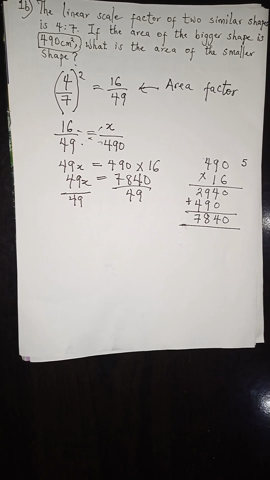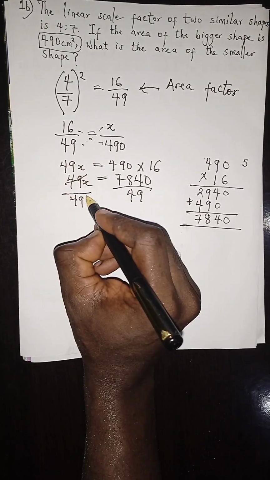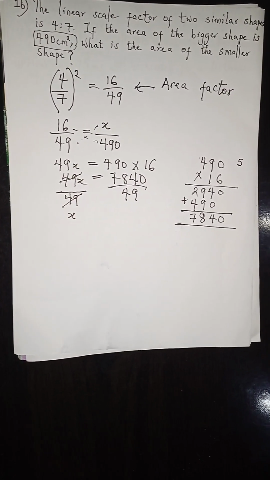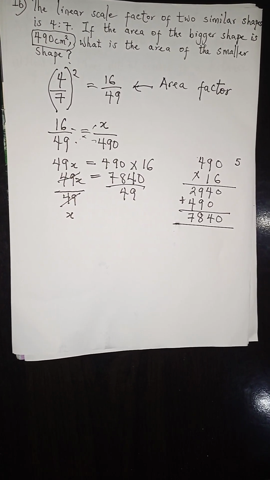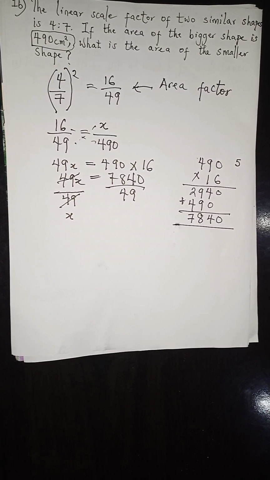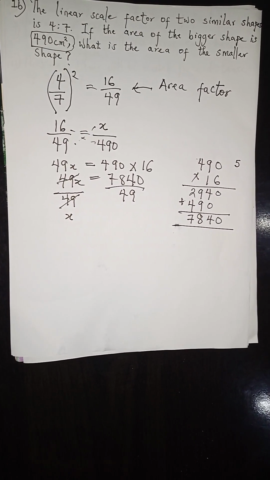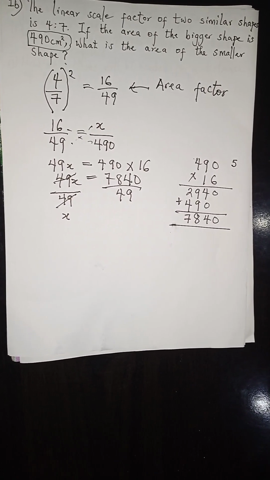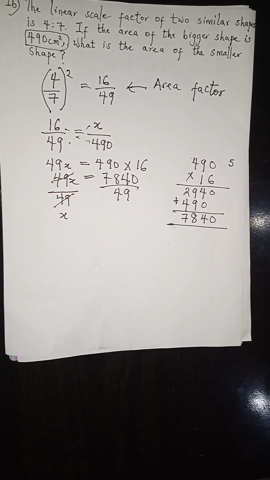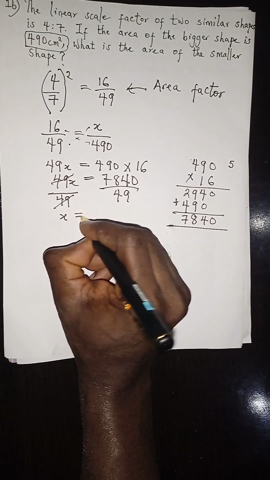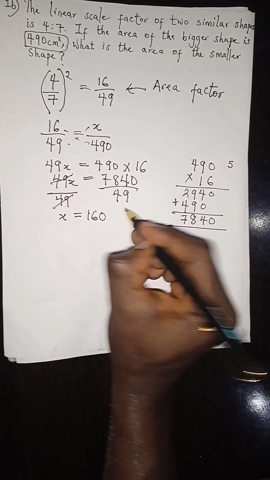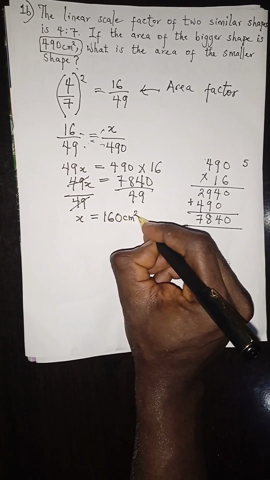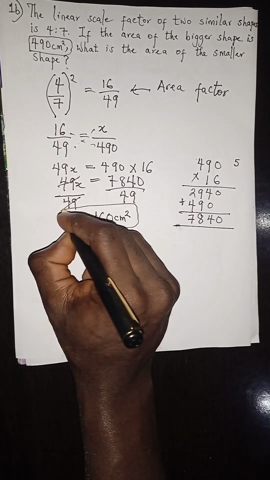Now this cancels this, so we're left with 7840 divided by 49, which gives us 160. So the area of the smaller shape is 160 centimeters square.